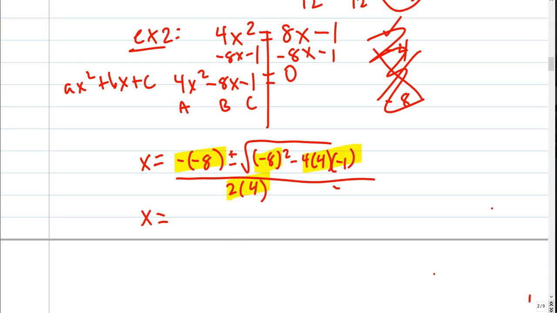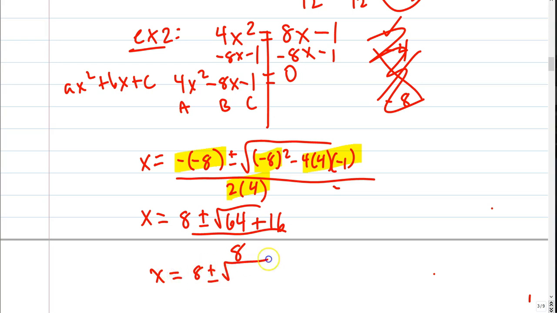Simplify each of these groups. Positive 8 plus or minus the square root of 64 minus, now two negatives make that positive. Is that just 16? 4 times 4 is 16. All over 8. x is equal to 8 plus or minus the square root of 80 all over 8.